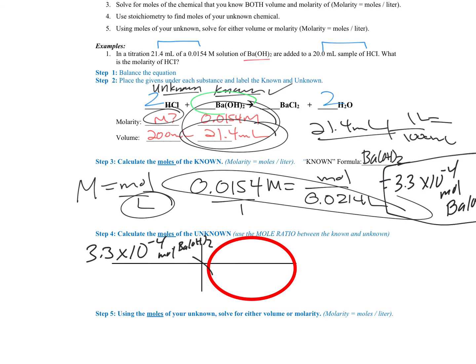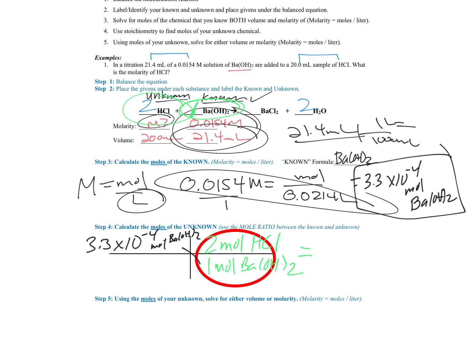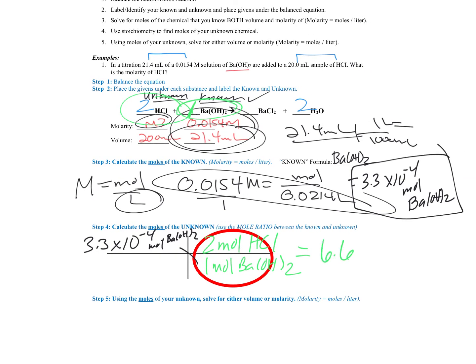So for barium hydroxide, the ratio is a 1. For every 1 mole of barium hydroxide, there are going to be needed 2 moles of hydrochloric acid to make sure that they are equivalent to each other. So 3.3 times 10 to the negative 4th times 2 gives me 6.6 times 10 to the negative 4th moles of hydrochloric acid.